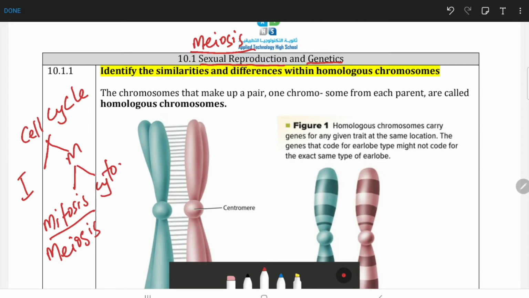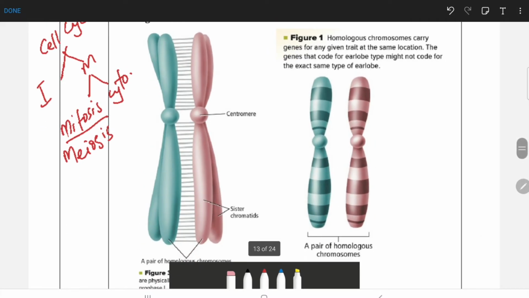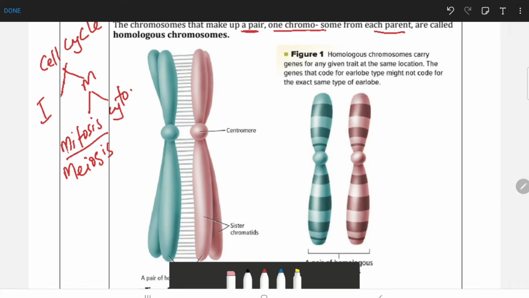So, first of all, as per the KPI, we need to know what homologous chromosomes are and how they look. The chromosomes that make up a pair are always in a pair. One comes from each parent. They are called homologous chromosomes. You can see in these pictures how homologous chromosomes look.